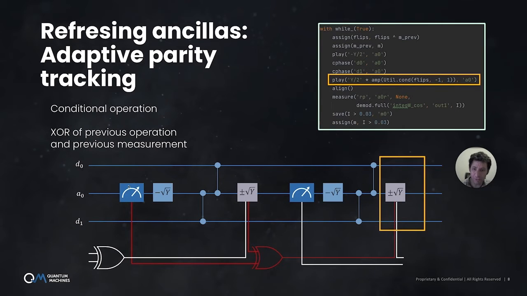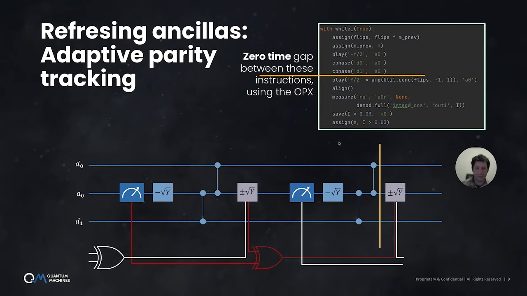So this means that we have all of this time to get the result and calculate the condition. And with the OPX, this is sufficient to give us zero time gap between this operation and this conditional operation, using the same gate timing as in the Google paper. So in this sense, this scheme is optimal because it allows us to have zero feedback latency.